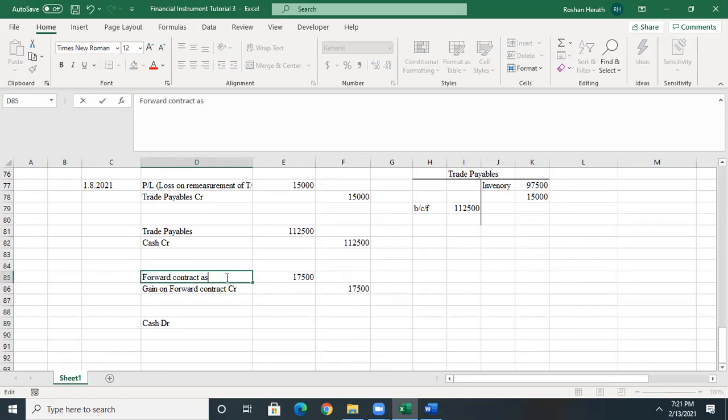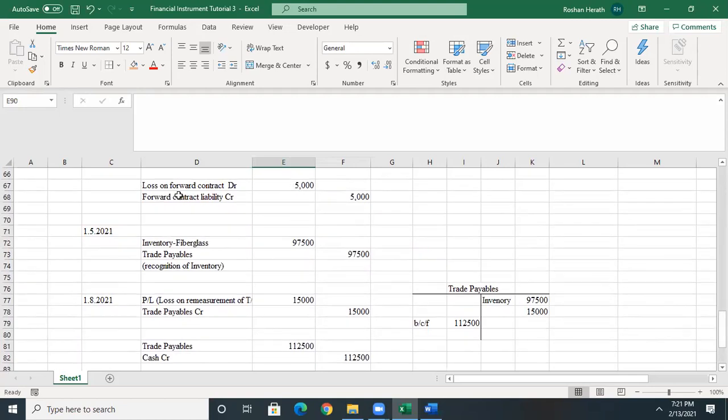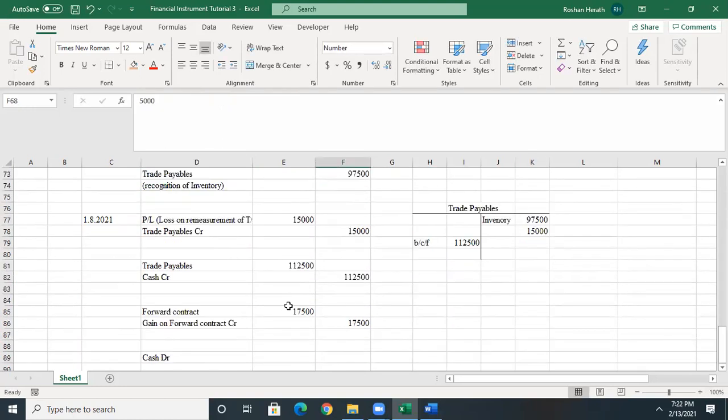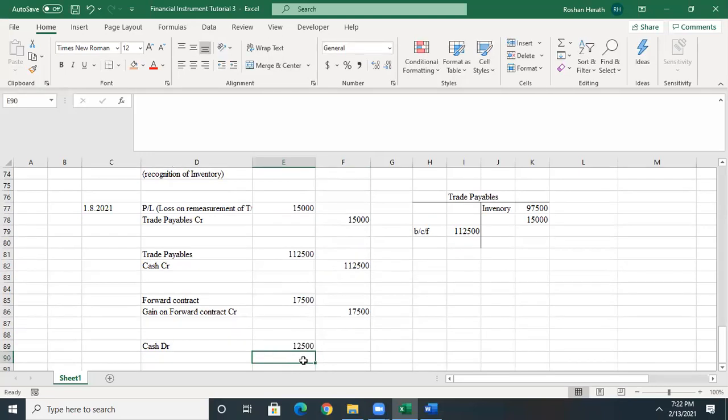It would be easier if I remove this forward asset and liability and just say forward contract, then you can very easily understand. Earlier the forward contract was 5,000 credit, now it is 17,500 debit. So if you imagine the forward contract, a 12,500 balance is left. It's a kind of gain, so you receive the money, 12,500.